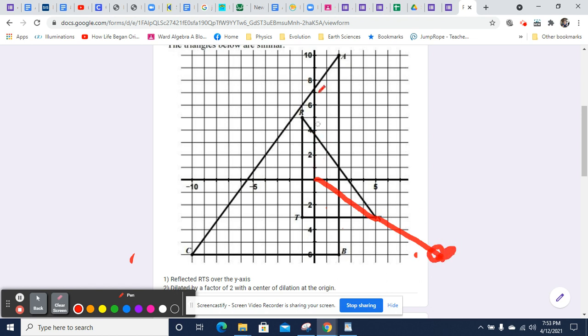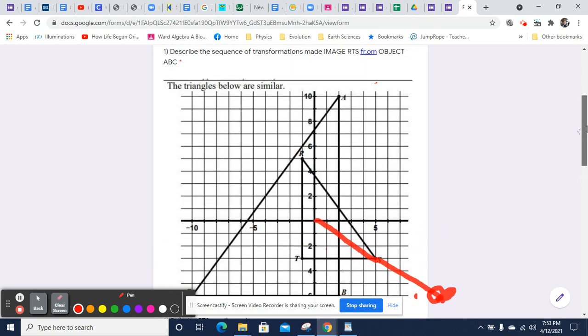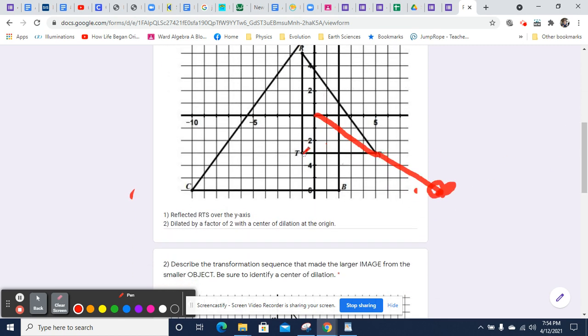And then R here would have ended up going over 1 and up to 10. So R would end up here. That'd be R prime. And T would have ended up 1 over and down 3. So that would have been T prime.